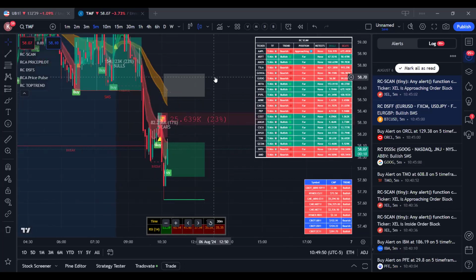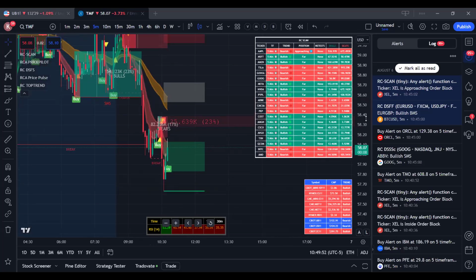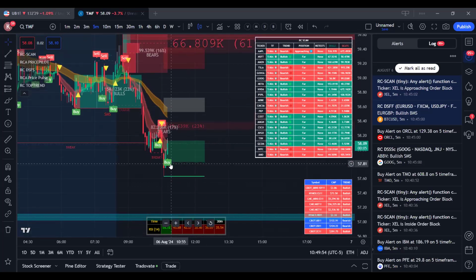If it breaks that one, then it can move all the way to the top. Otherwise, it might touch that and again bounce back.